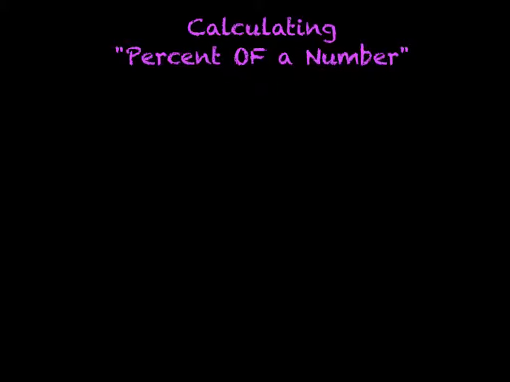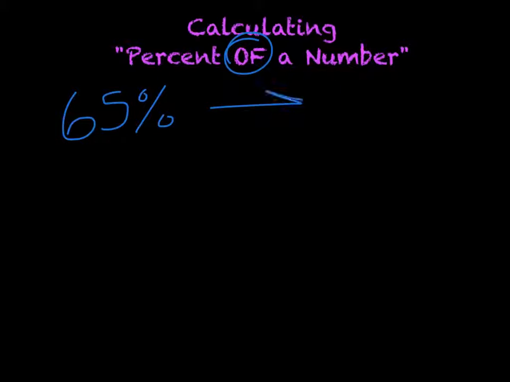First of all, I want to talk about what it means to calculate the percent of a number. If I just gave you a percent, such as 65%, and asked you to convert that into decimal form, I could take my decimal point, which in this case is at the end, and move it 2 places to the left.